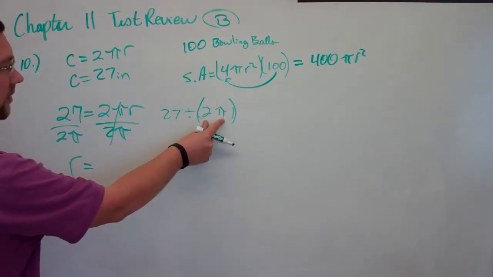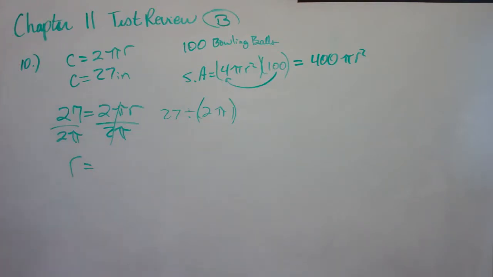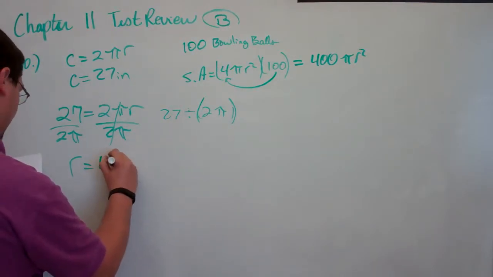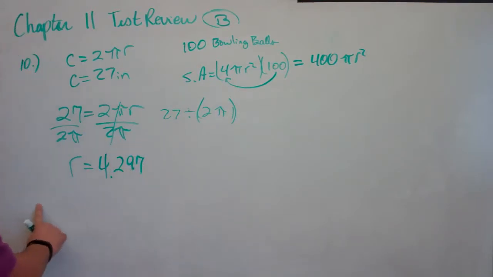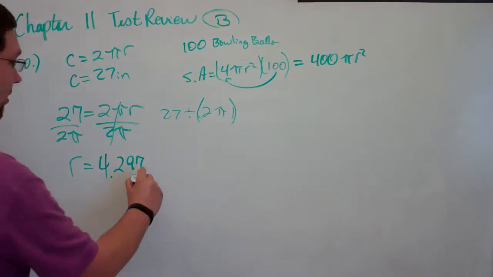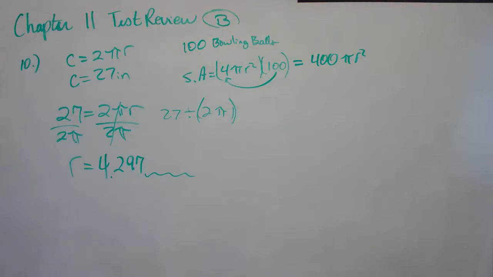What it's going to do this way is multiply the 2 times pi and get 6.28, and then do 27 divided by 6.28, which will give you 4.297 for a radius.